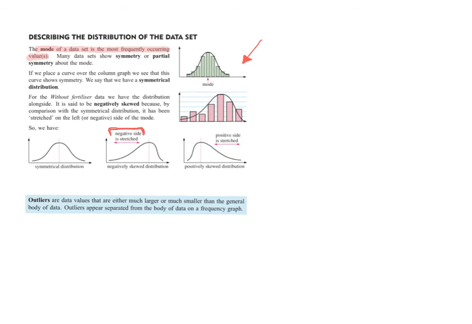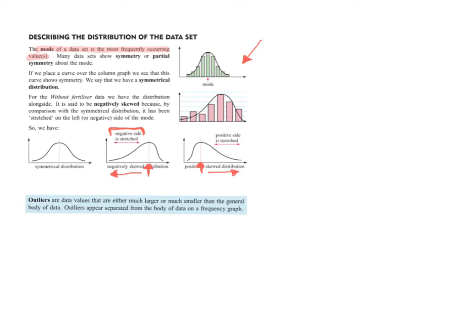So if this was our mode here where this dotted line is, we have this big long stretch on the left side of it. And so that would be a negative distribution. Whereas a positive distribution is the opposite. We see this mode and then there's a large stretch towards the right-hand side of our data. So we have symmetrical, negative, or positive.